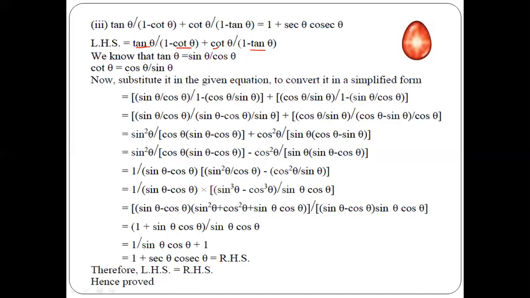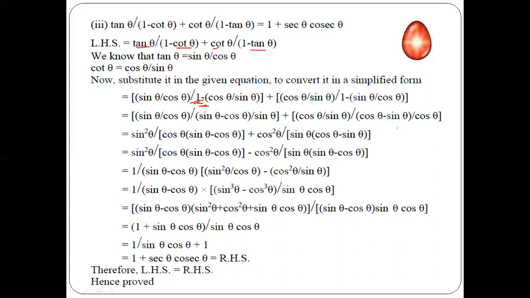So now take the 1 inside. Sin theta by cos theta by sin theta minus cos theta by sin theta, that is, you need to take the LCM, so that you get minus cos theta in here, sin theta. Then plus cos theta by sin theta by cos theta minus sin theta by cos theta.